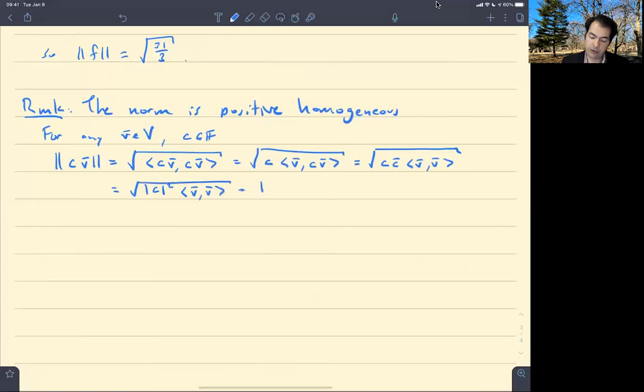I can pull that out of the square root, and I end up with the modulus of c times the square root of the inner product of v with itself, which is the modulus of c times the norm of v. So when you multiply a vector by a scalar and then take the norm, what you get is the norm of the vector scaled by the modulus of the scalar. In particular, if c is a positive number, then you just pull the c out. So we say it's positive homogeneous.